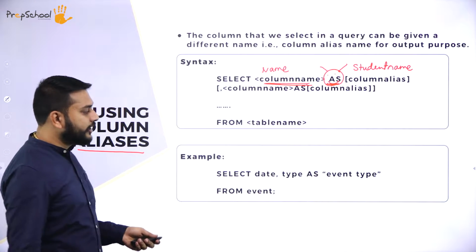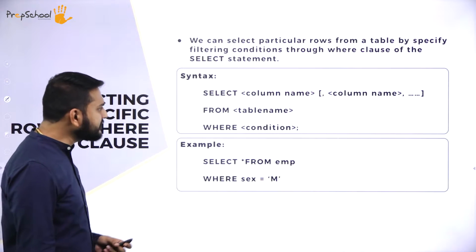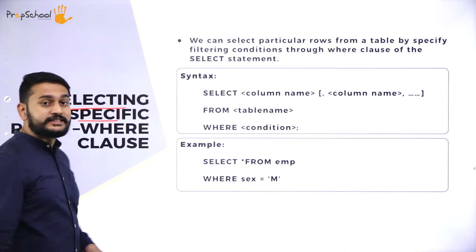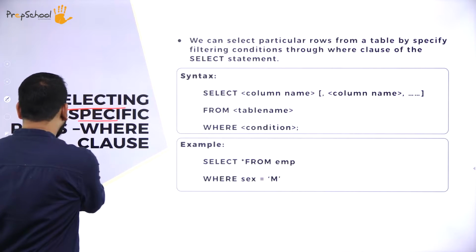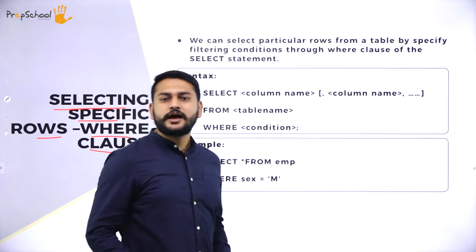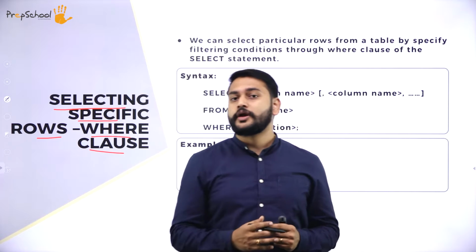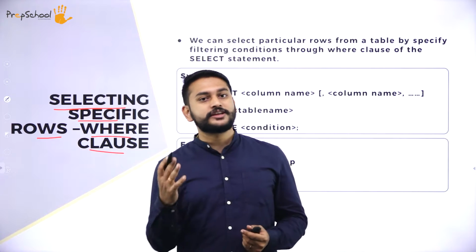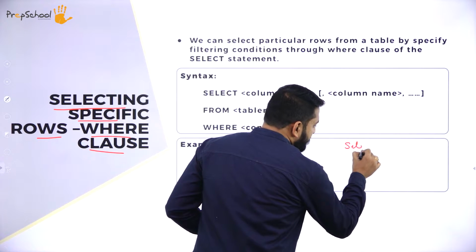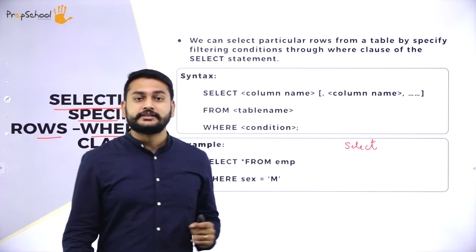Yes. Moving on to the next example, the next query that I have. Please observe. Selecting specific rows with the help of the where clause. In the previous class, I discussed three important things whenever you are writing the select query.